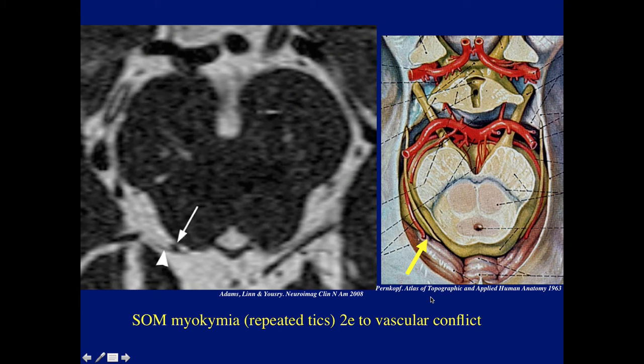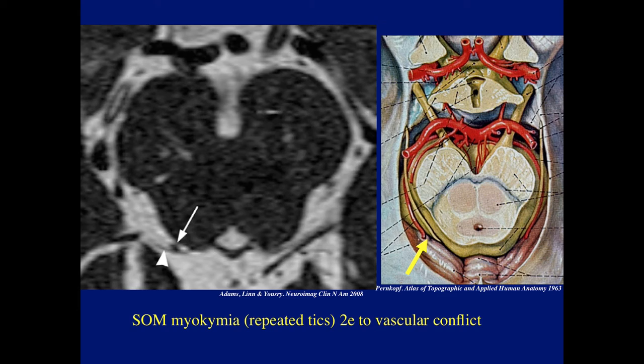This was a very interesting case. This patient presented with symptoms called superior oblique myokymia, which are repeated tics. They're secondary to a vascular conflict, as we have in trigeminal neuralgia or hemifacial spasm.